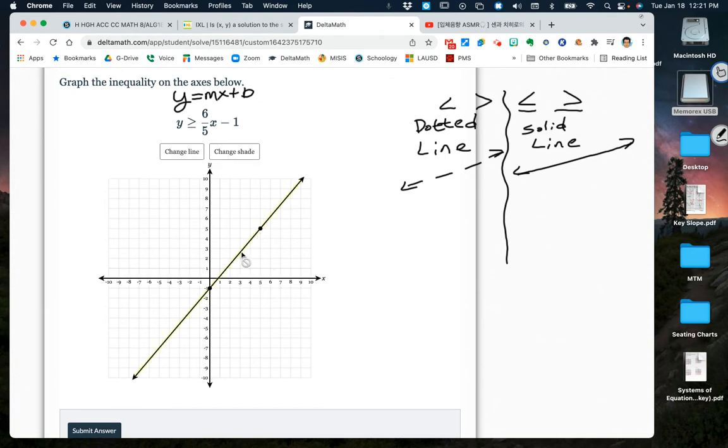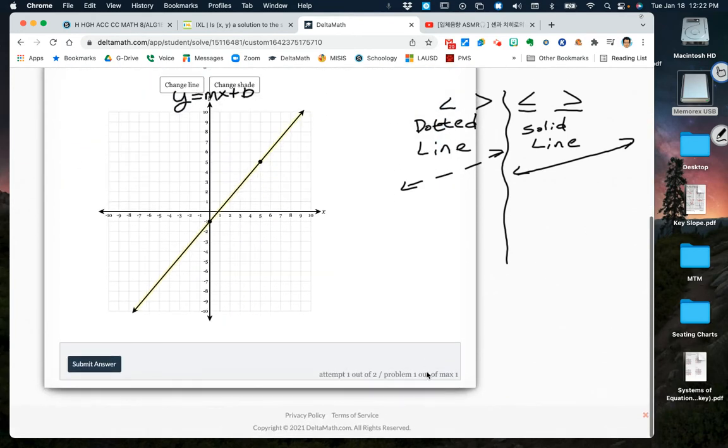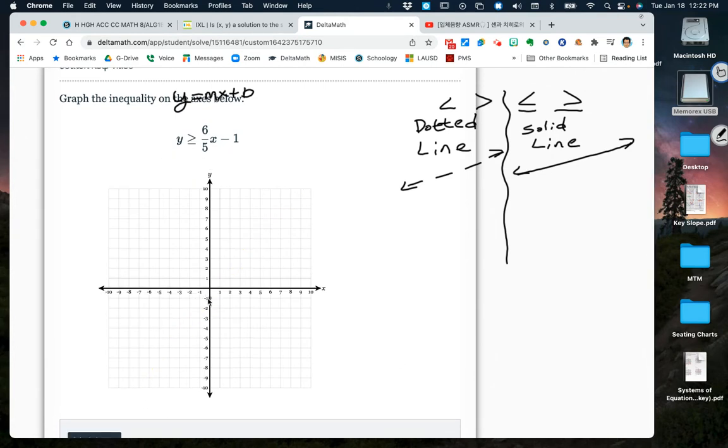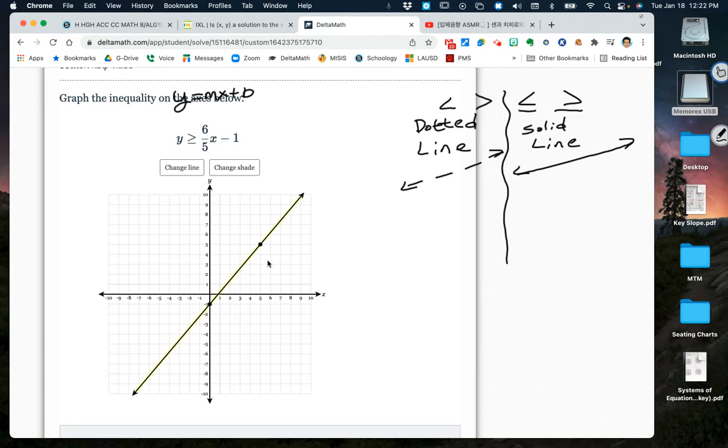Now, if you notice the line itself, it's either going to be dashed or, oh, see, I messed it up. So they're asking us to change the line. Do I want a dashed line or a solid line? It's got the equal to part. I want the solid line.